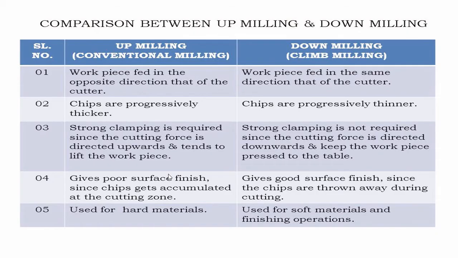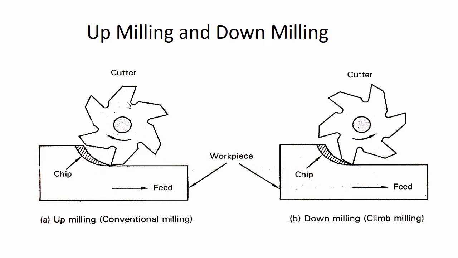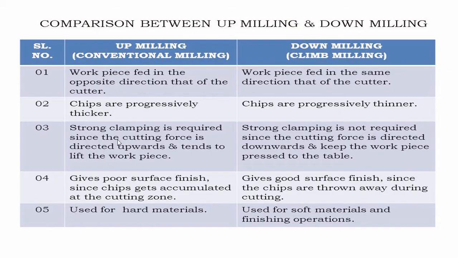So let us compare up milling and down milling. In up milling, the workpiece is fed in the opposite direction to that of the cutter. Here it is rotating in the clockwise direction, but you are bringing the workpiece opposite to the clockwise direction. That is why it is called up milling.